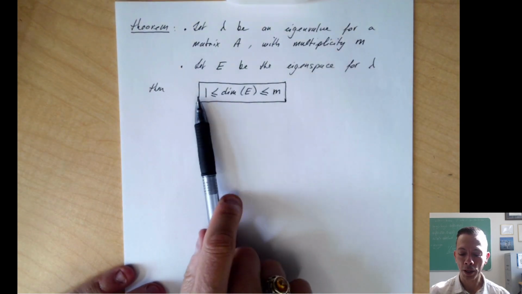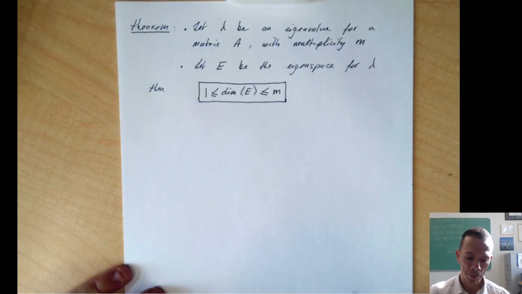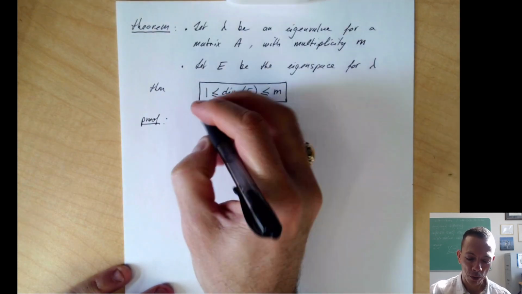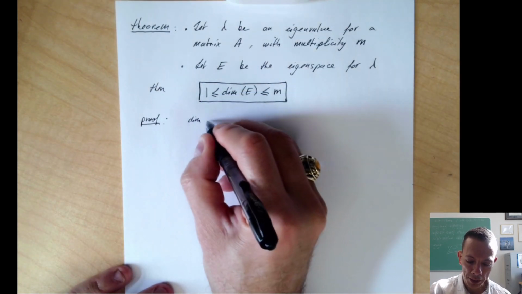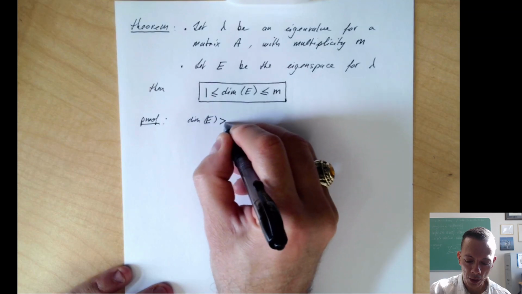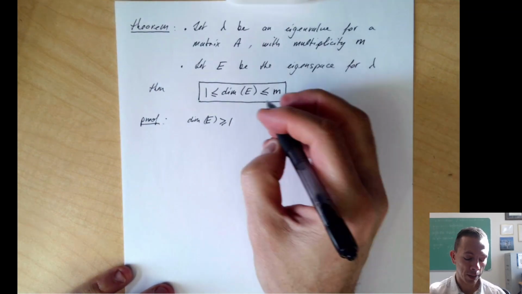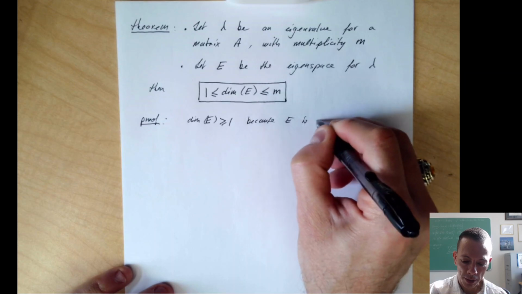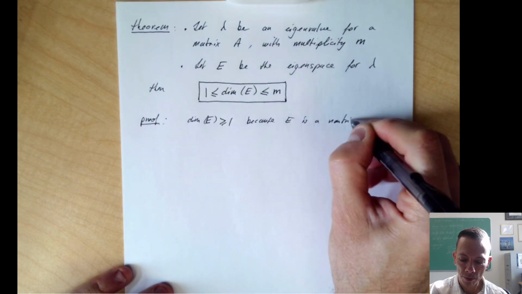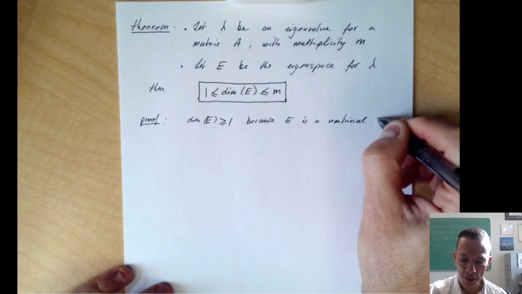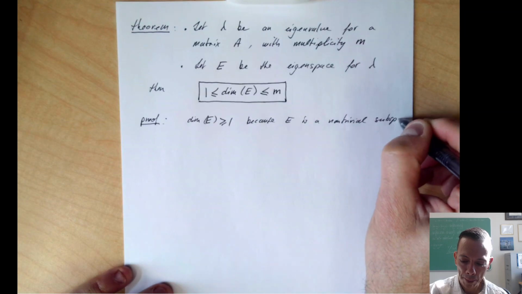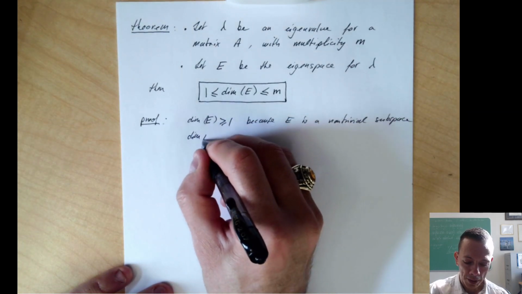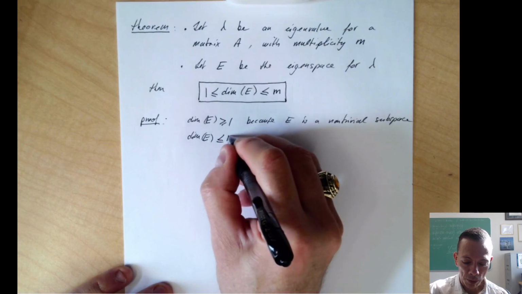So the dimension can be anywhere between 1 and m. So first of all, to prove this, the dimension of E, as I said, has to be at least 1, because E is a non-trivial vector space. But the dimension of E is also bounded by m.